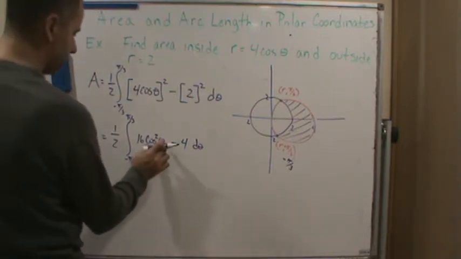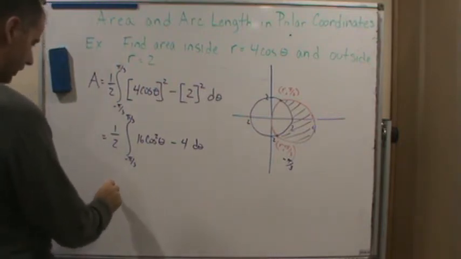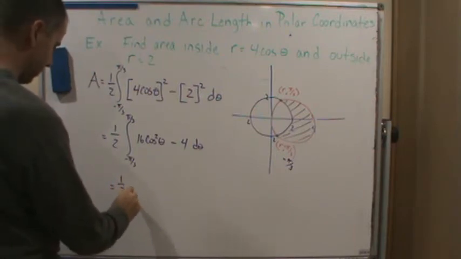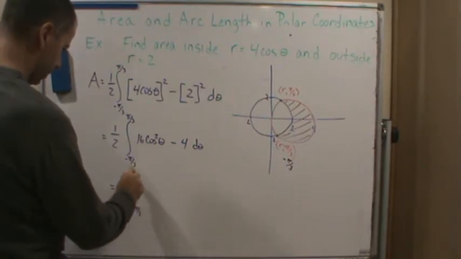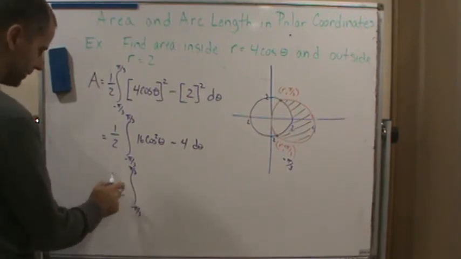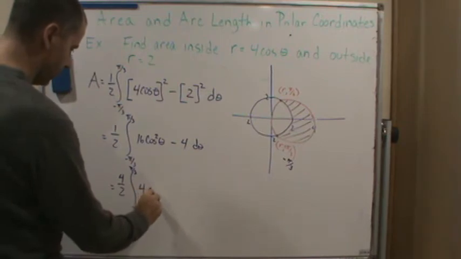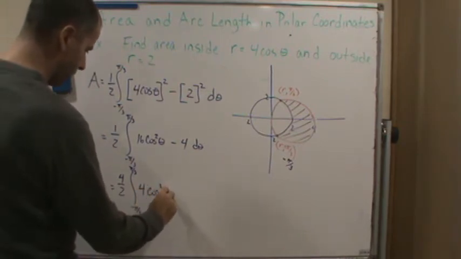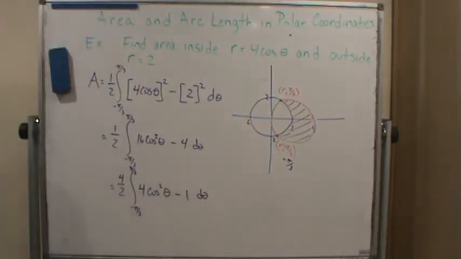And so here we've got the cosine squared theta. So again, we're going to have to use the identity. And so in this case here, it's going to be 1/2. And it's going to go from negative pi over 3 to pi over 3. And I'm going to factor out a 4. So that's going to make this into 4/2 times 4 cosine squared theta minus 1 d theta. Okay?